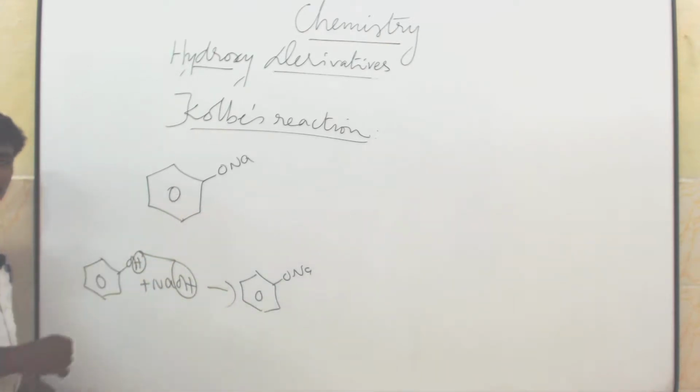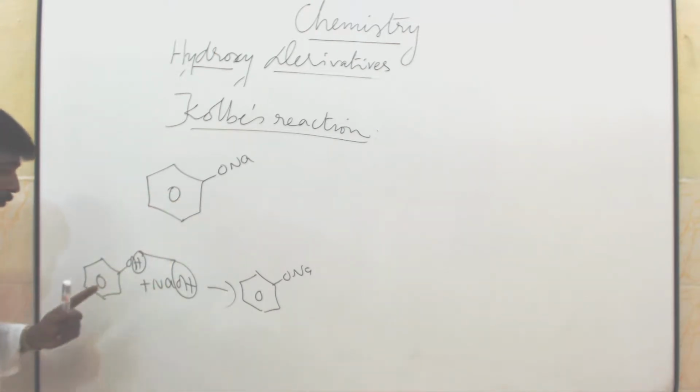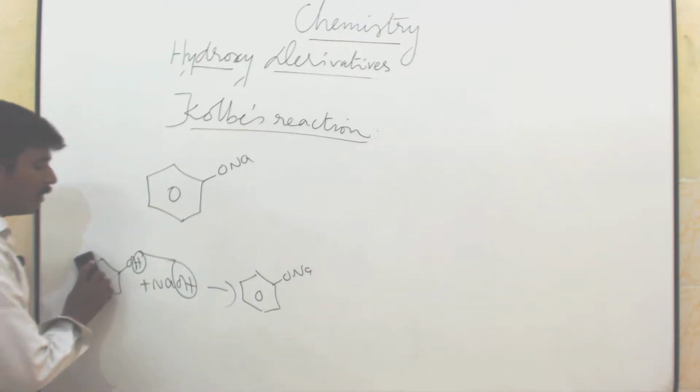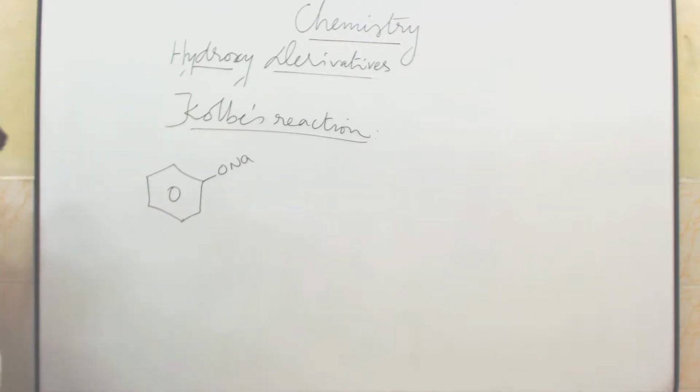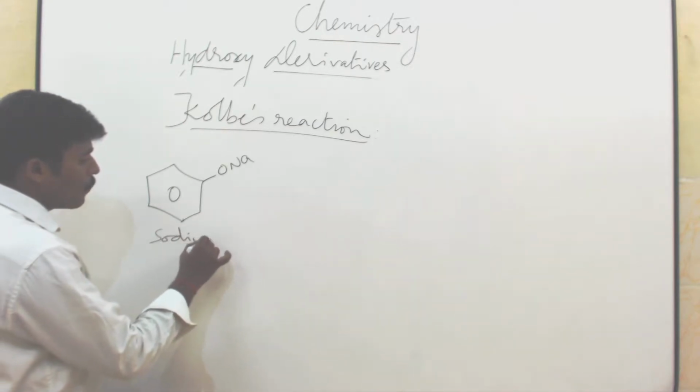So in the Kolbe reaction, sodium phenoxide is the initial reactant, prepared by phenol reacting with sodium hydroxide, removing a water molecule.